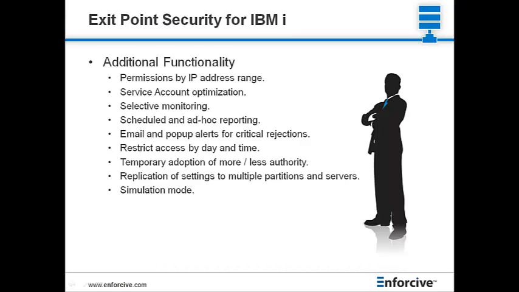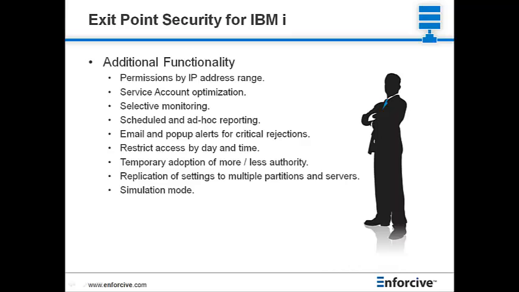Another very popular feature is day and time restriction. So if a user doesn't need to FTP or Telnet or ODBC outside of normal business hours, then prevent that from occurring. The third from last additional functionality there describes what we call our swap processing. If you need to give a profile more or even less authority when they are performing their FTP or ODBC, etc., you can define that too.